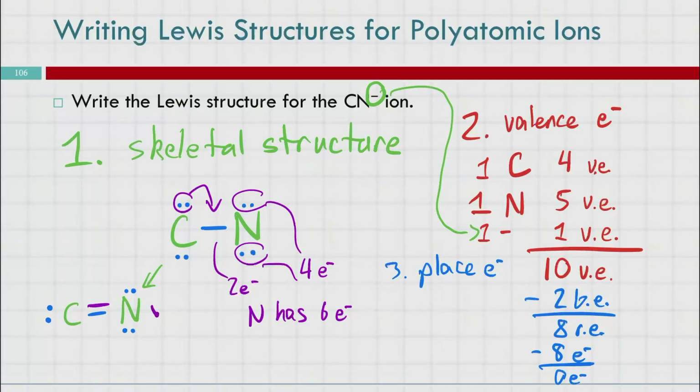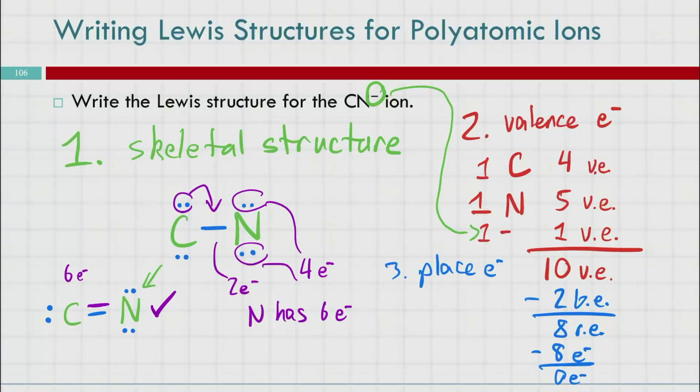Okay, so nitrogen is good. How many electrons does carbon have access to? It has 2 bonds, a double bond. So that's 4 electrons, and 2 electrons in lone pairs. So carbon only has 6 electrons, and so we have to do the same thing.